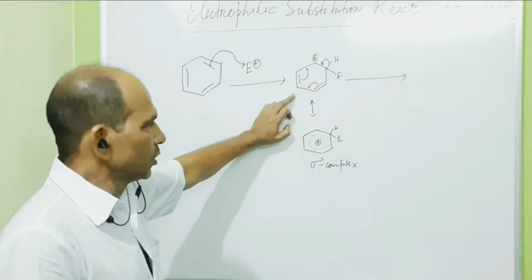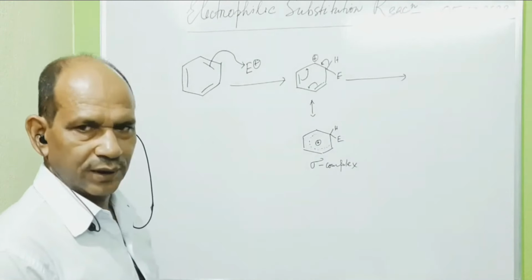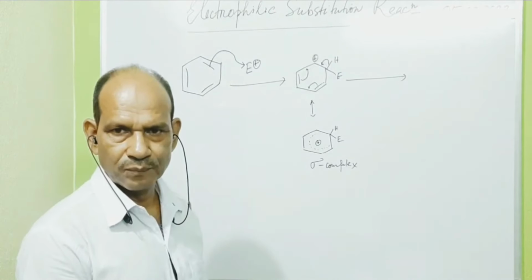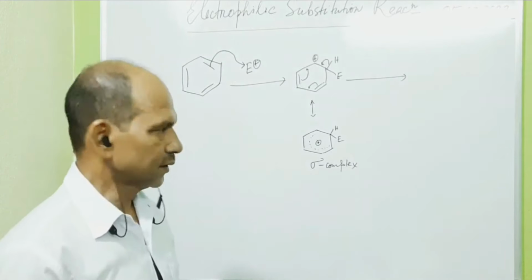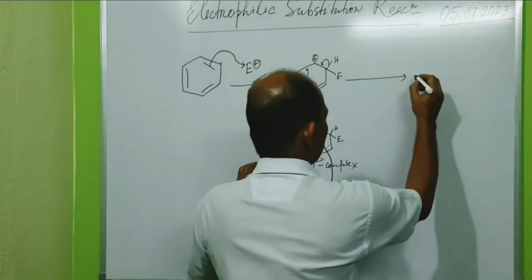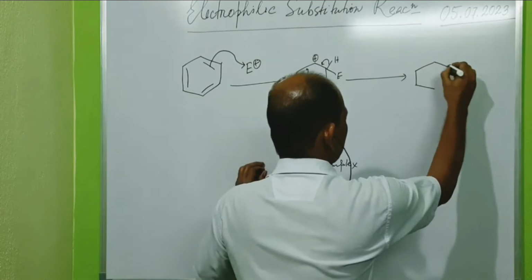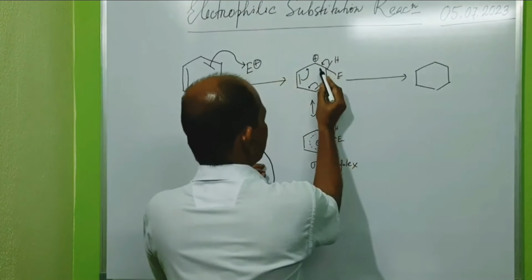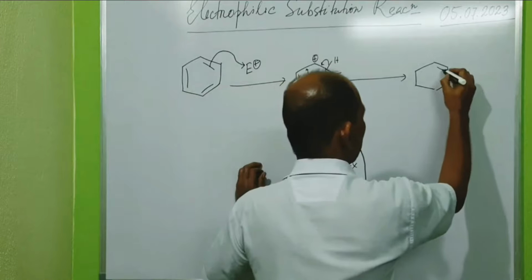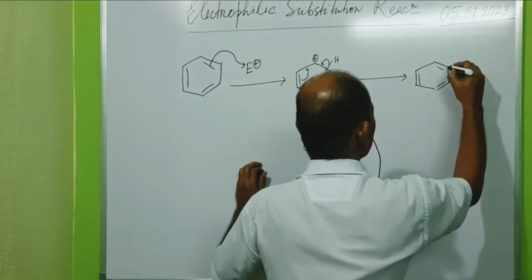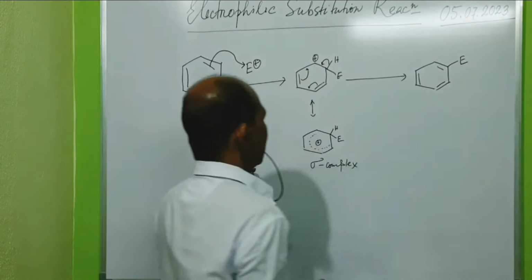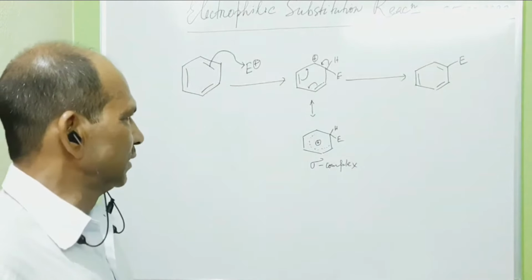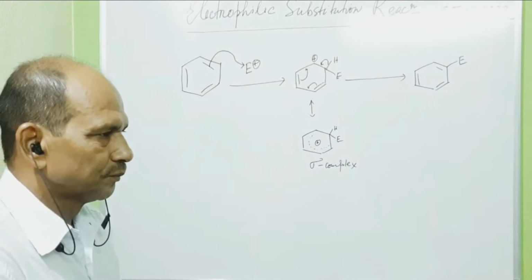So to regain the aromaticity, the proton has to leave. So in this way, the proton leaves the system and there is a formation of a pi bond here. By this way, the electrophile has been incorporated in the benzene nucleus.